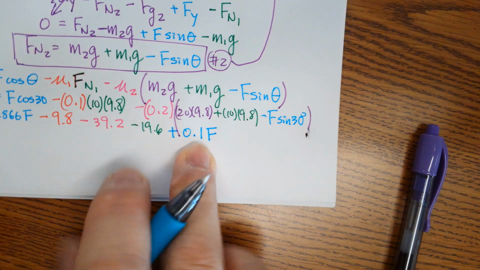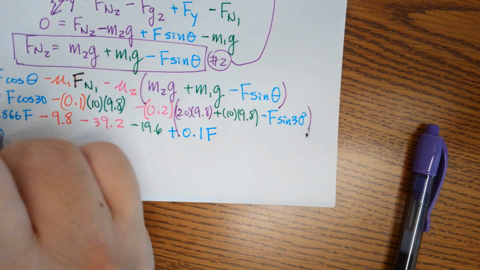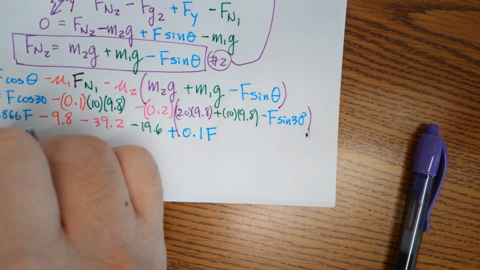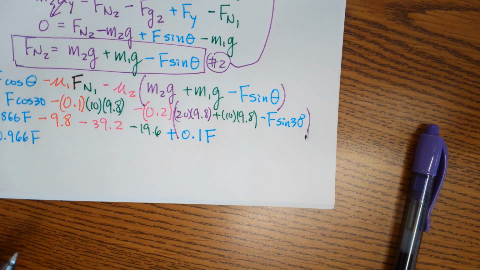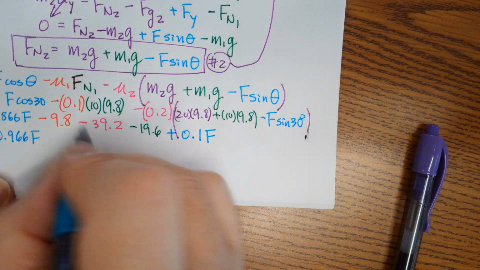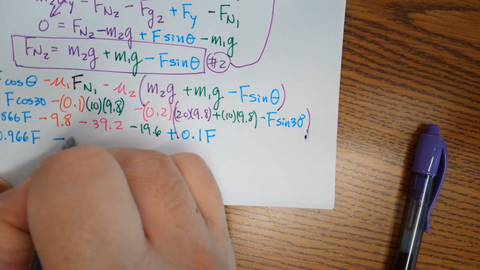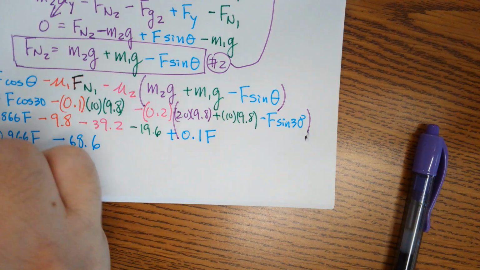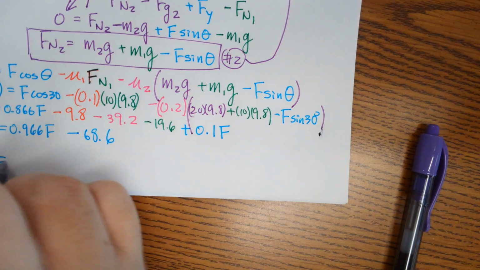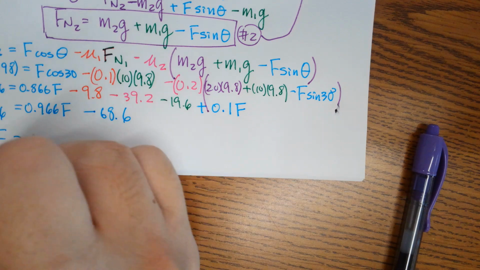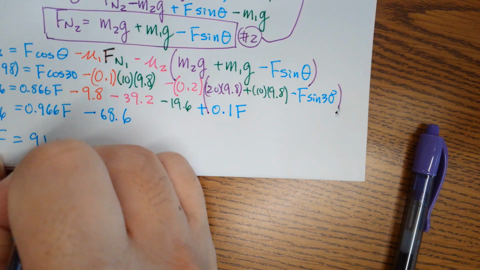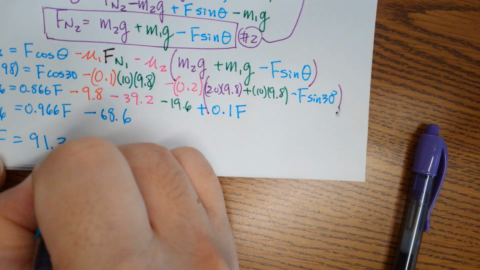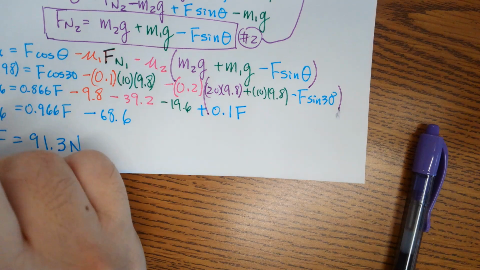So if you add the f's together, you're going to get 0.966 f, minus this whole mess, 68.6 and 19.6. So f comes out to, I believe, 91.3 newtons.